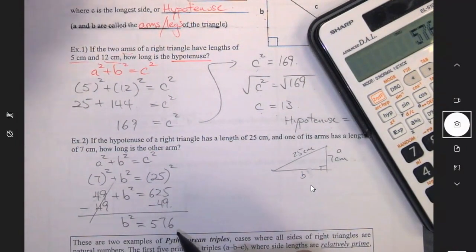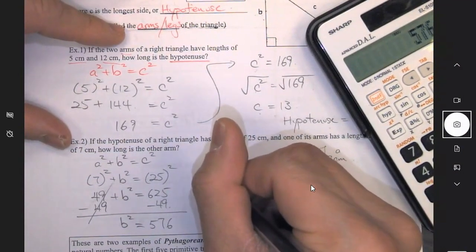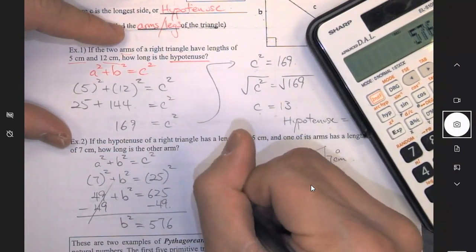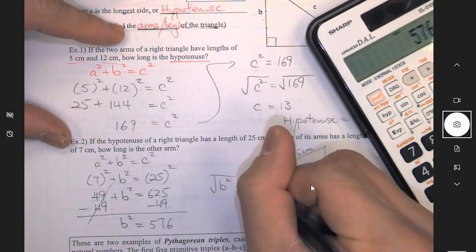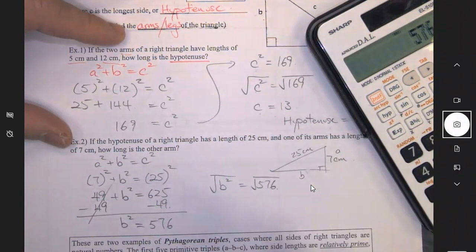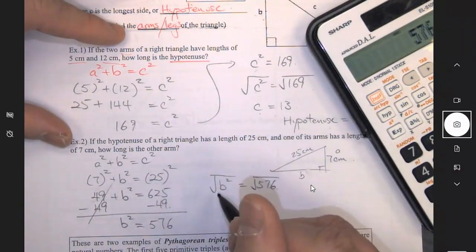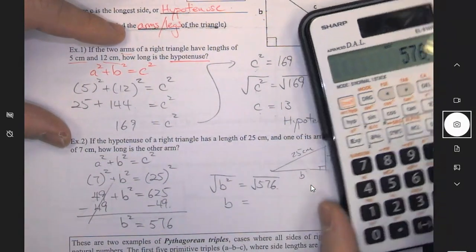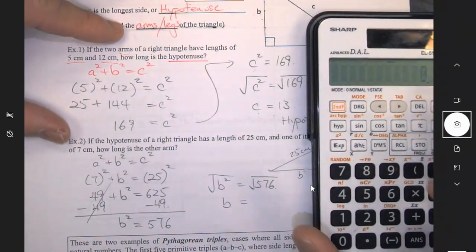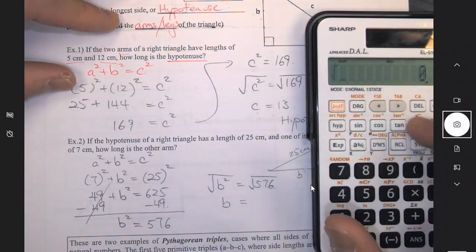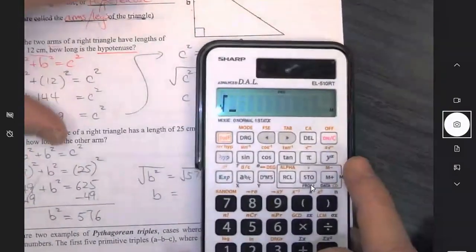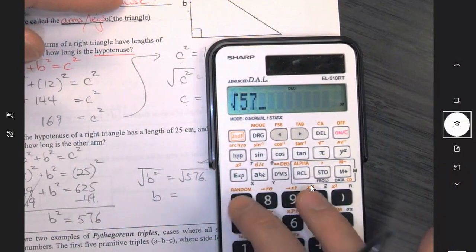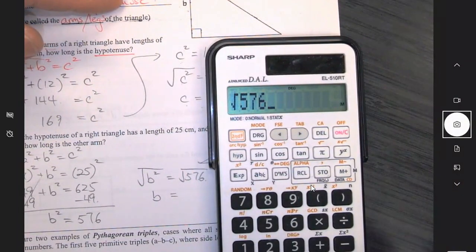We don't care what b squared is, we just want b. So we'll square root both sides. The square root of b squared is just b. Now the square root of 576. Again, my calculator can be slightly different from yours, so it's important for you to learn how to use it.